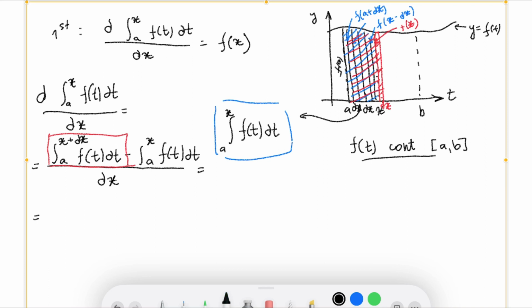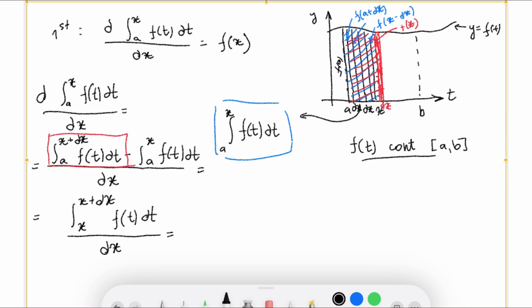So now when we subtract the initial integral, we will be left with only the integral from x to x plus dx of f(t) dt, divided by dx. And what did we say that this is? This sum will only have one element, and this element will be actually this area. And what is this area approximated to?